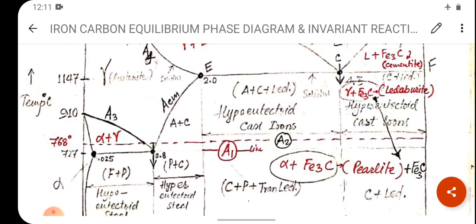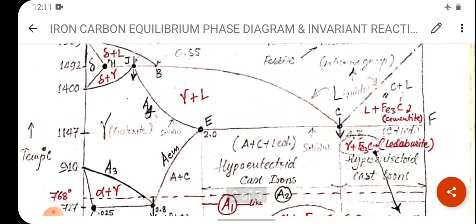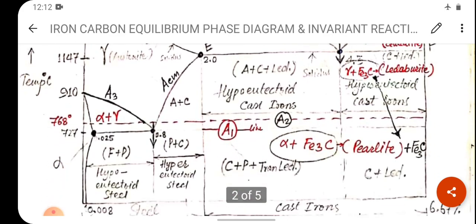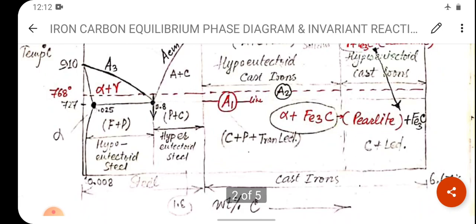So you can understand this concept, that this is the iron carbon equilibrium phase diagram in which different phases or structures are present: austenite, delta ferrite, alpha ferrite, ledeburite, transformed ledeburite, perlite, ferrite. Clear? So these are the different structures, different phases present in the iron carbon diagram.